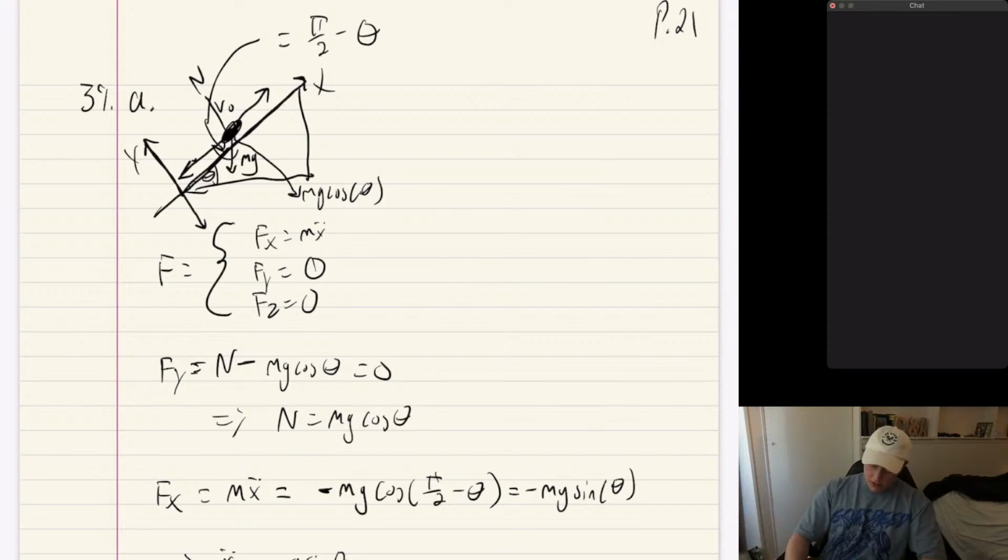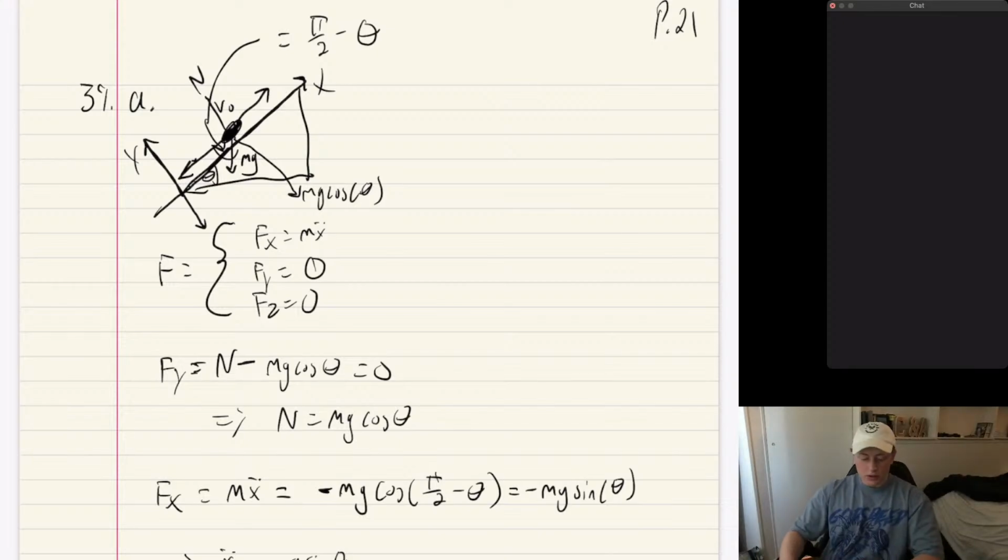So at x of 0, we know it has initial position of 0, initial velocity of 0. No, initial speed of v0. So that's right, plugging in initial conditions.